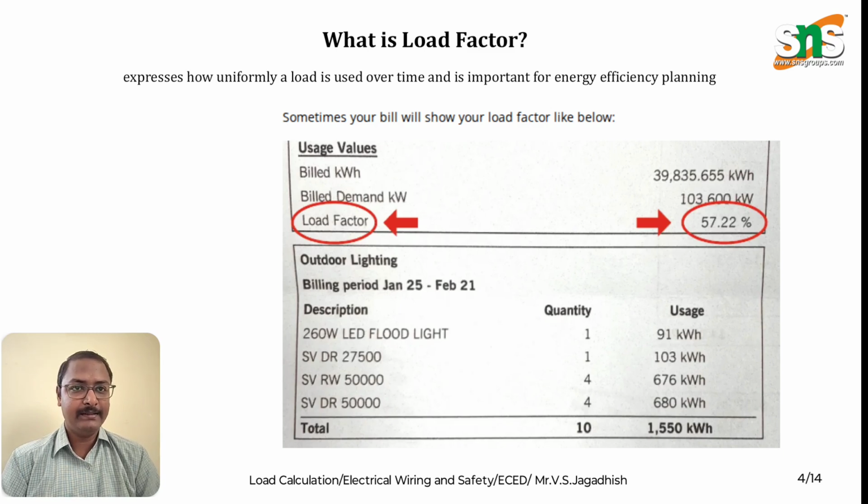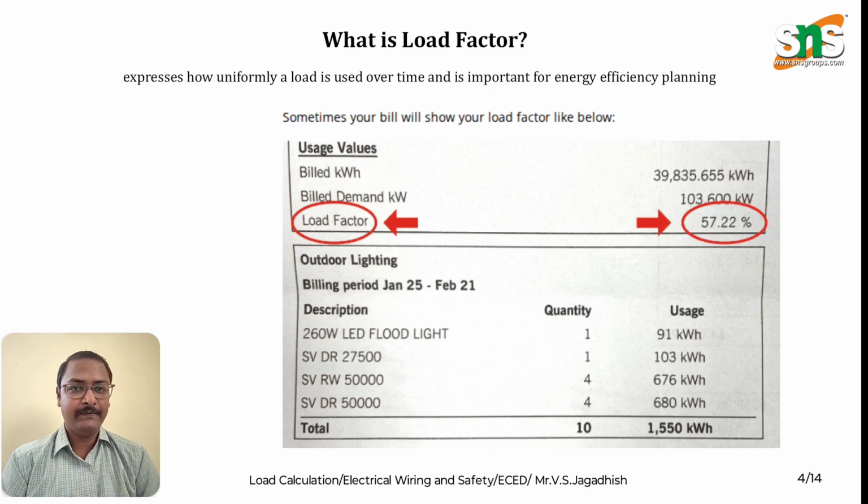In this consumption we have the classification of various buildings or floor lighting. Here I have taken one simple example, outdoor lighting, which consists of 10 different kinds of lights, each with different quantities and power consumption.